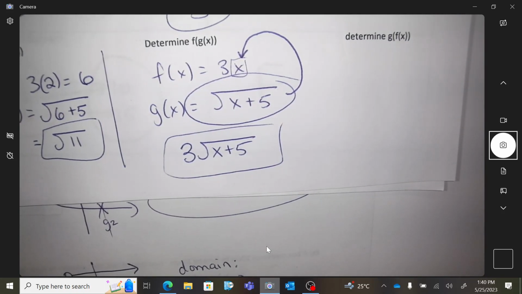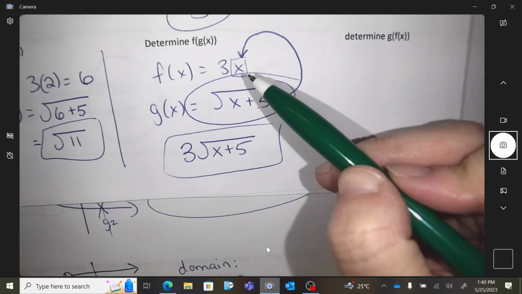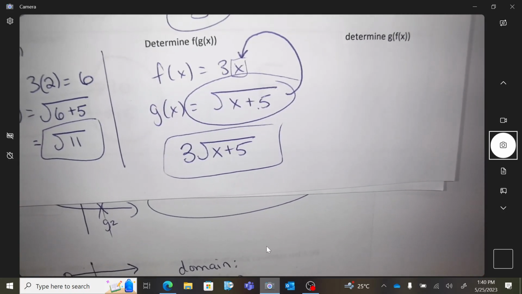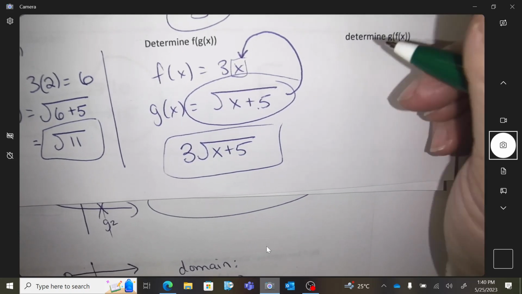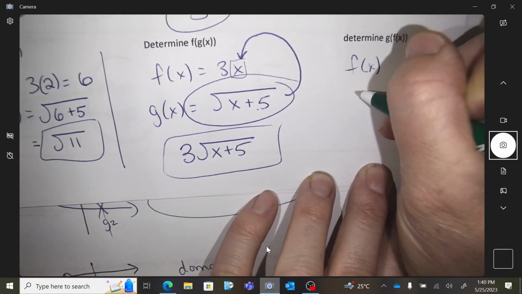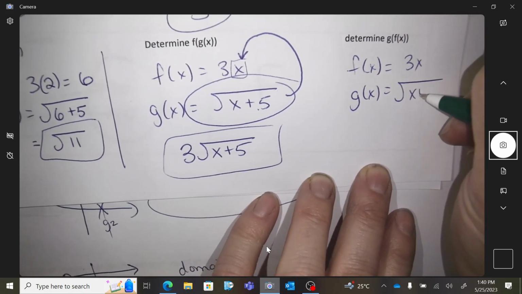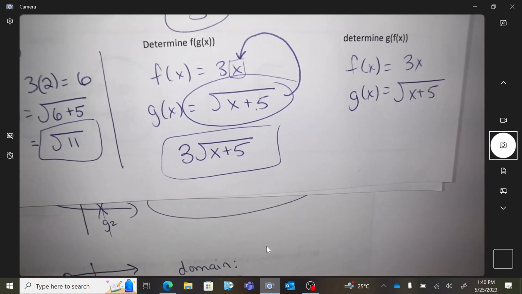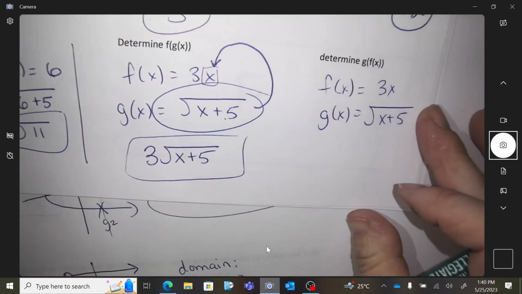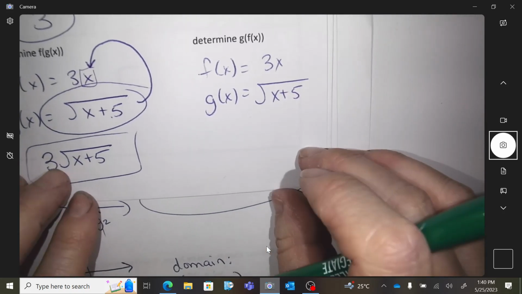Can't do anything with that. You can't simplify that. Input it into that box. You can't do anything with it. Last question.